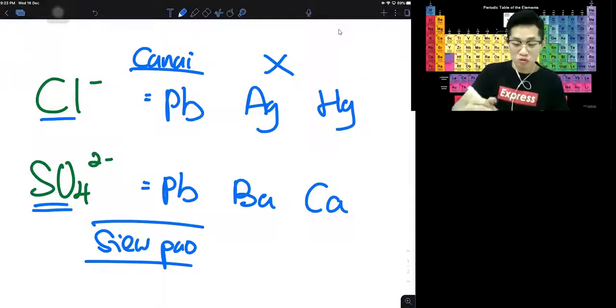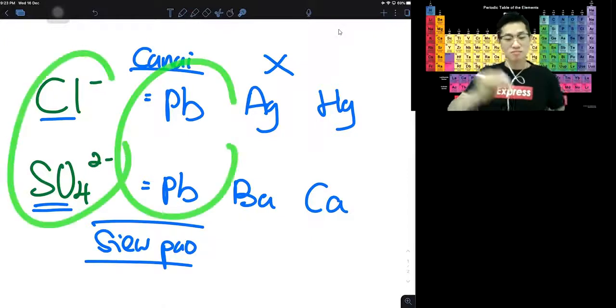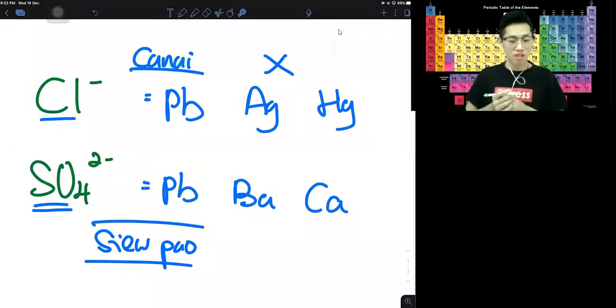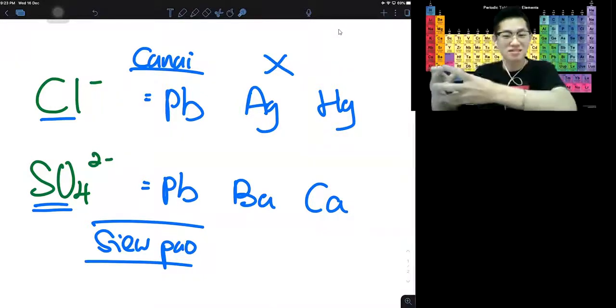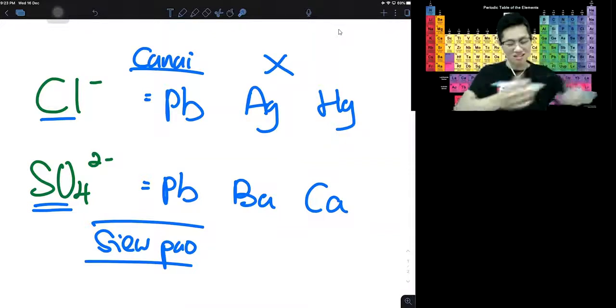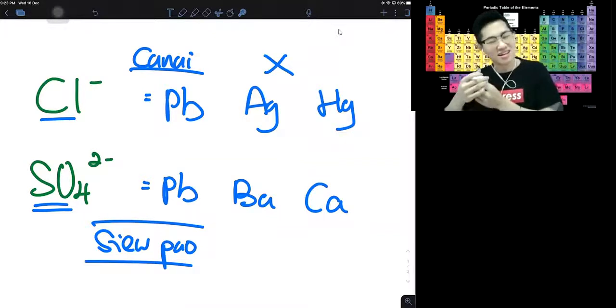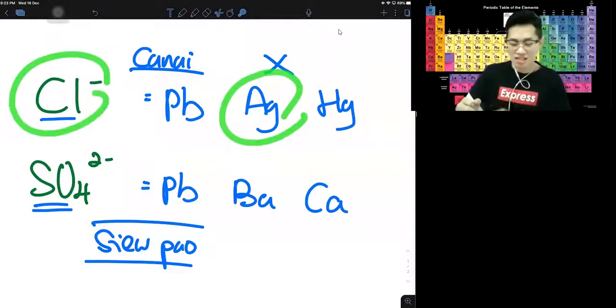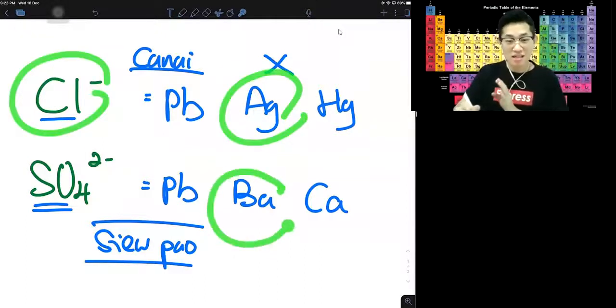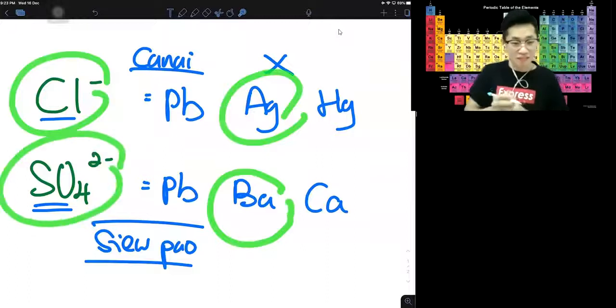So when you do this test with Pb, both get positive. Not accurate. So I have to use something that only the guys have, or only the girls have, like long hair, short hair. So Ag to test chloride, barium to test sulfate.